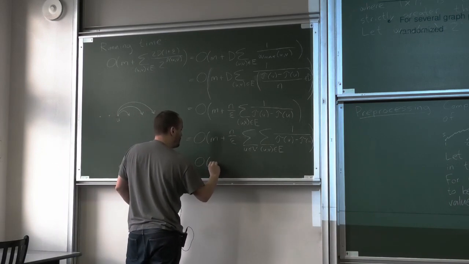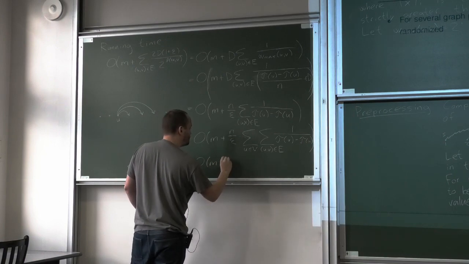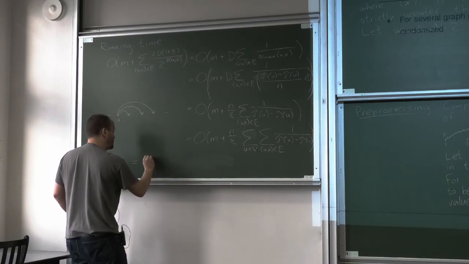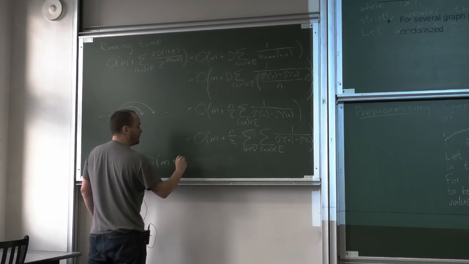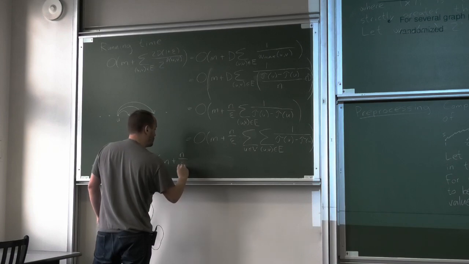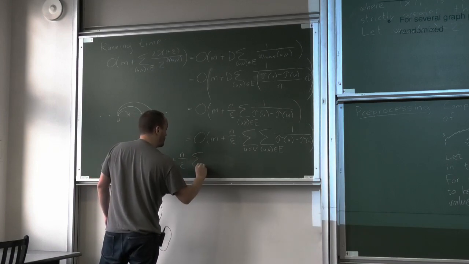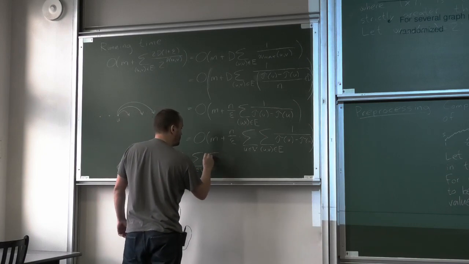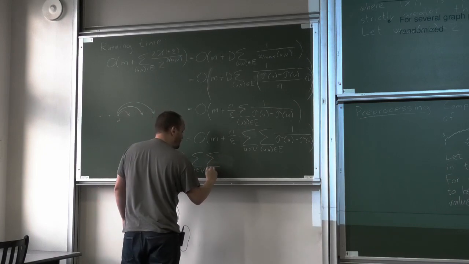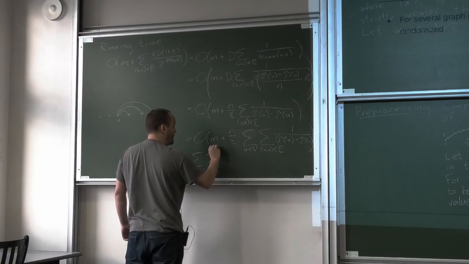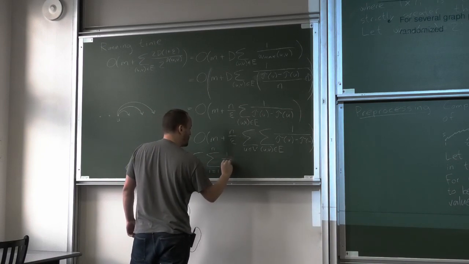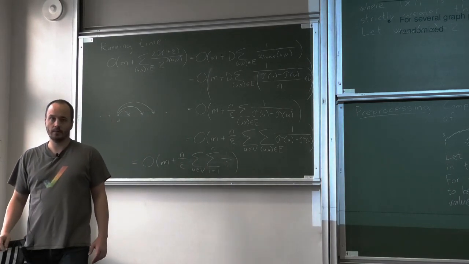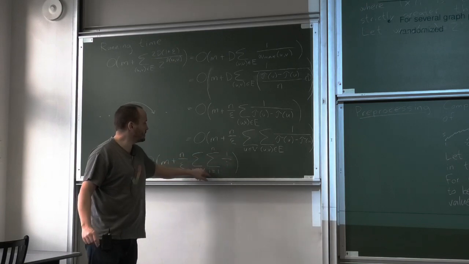So this is just O of m plus, let me write it over here if I need more space, of basically the sum, we just want an upper bound, so let's say we sum from 1 to n of 1 over i. Right? What is this summing to?